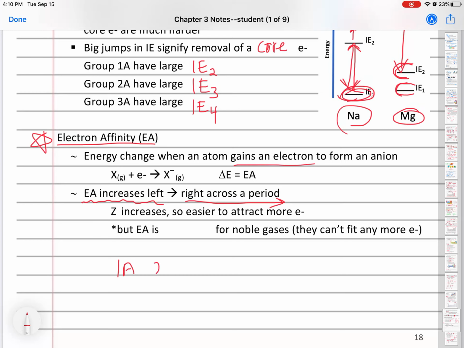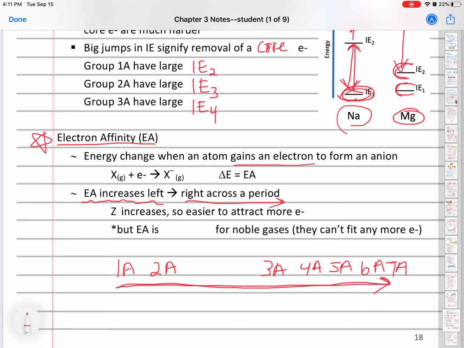Which makes sense because as we go across the periodic table, group 1A, 2A, then I'm skipping over to 3A, 4A, 5A, 6A, 7A, okay? These have more and more valence electrons. So it's easier and easier to add electrons because those 7A, they have 7 valence electrons. They are dying for another electron, and it takes a very small amount of energy to add an electron to those guys.